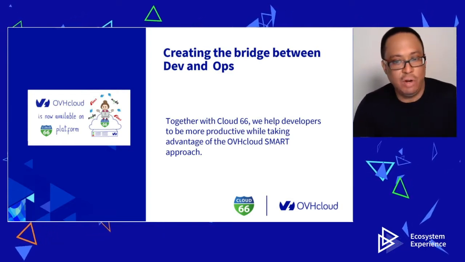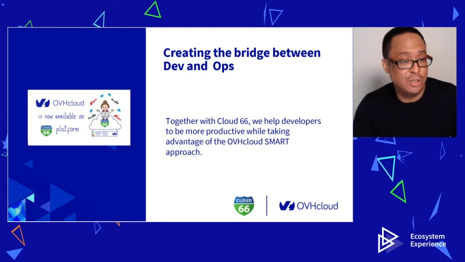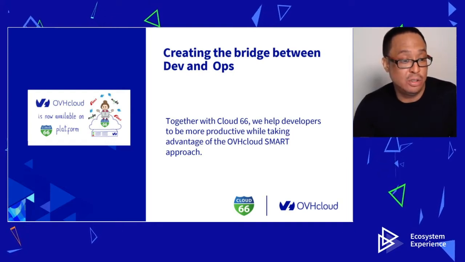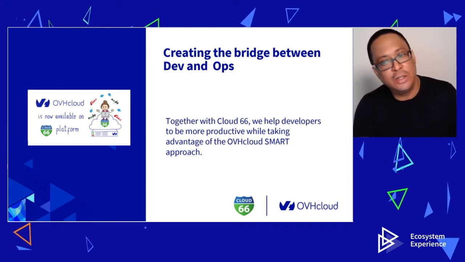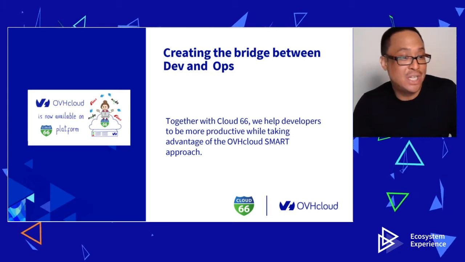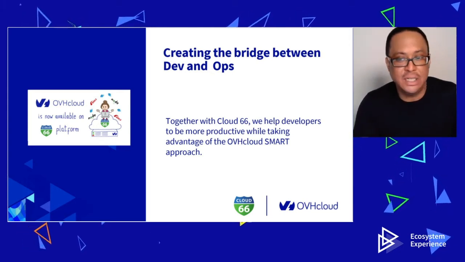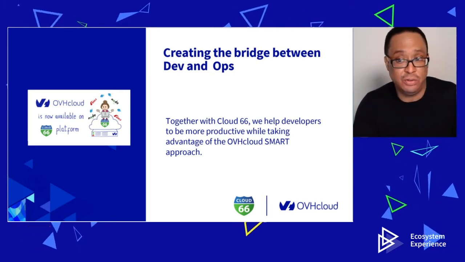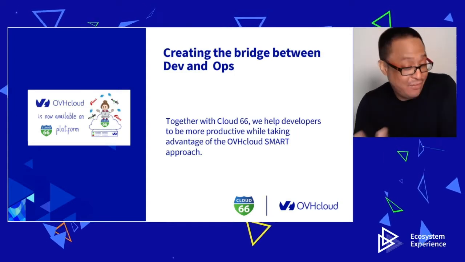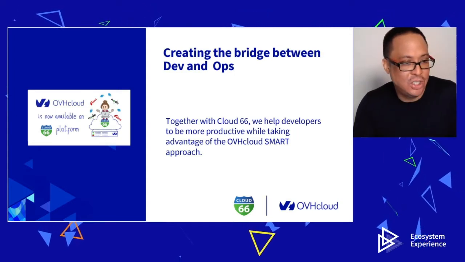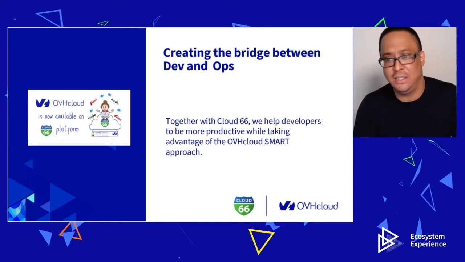On the one hand, developers are asked to ship software faster to the market because the business needs it, while on the other hand, Ops, which are responsible for the reliability and stability of the infrastructure, have different interests. And this generates frustration from both sides.